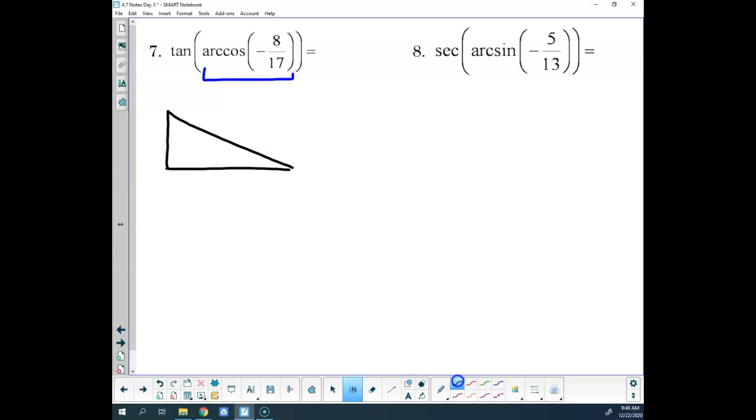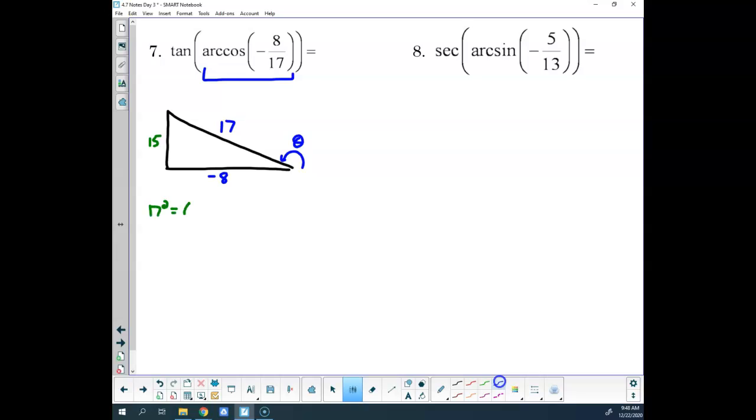Cosine actually comes all the way over here. So cosine is adjacent, so this one would be -8 over hypotenuse, which would be 17 there. And then I need to figure out that I believe this ends up being 15.